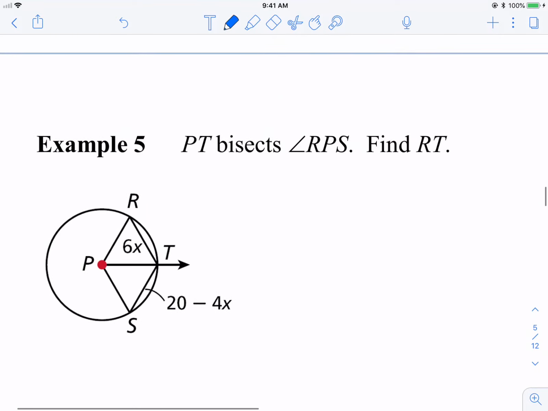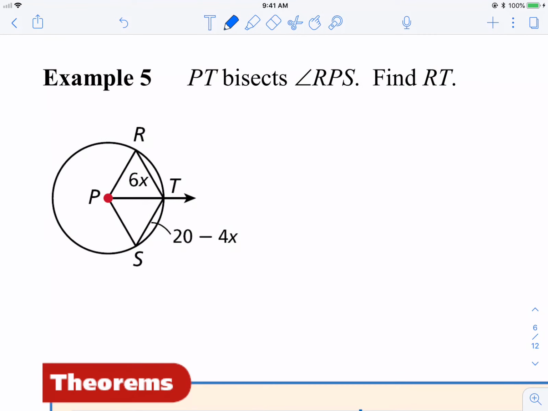For example 5, we're still using that same theorem. We're told that segment PT bisects angle RPS. We know that when a segment bisects an angle, that it creates two congruent angles. So we know that the two central angles are congruent.